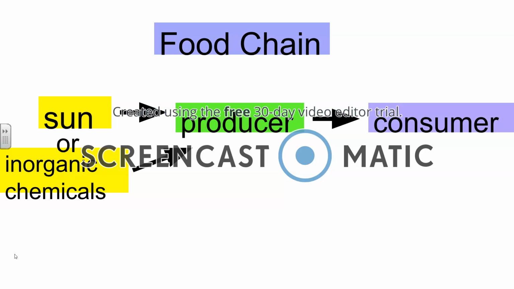In this example, before we get to yours, the arrow points from the sun to the producer because the producer gets its energy from the sun, and then from the producer to the consumer, because the consumer gets its energy from the producer. All right, so notice the arrow always points to the organism getting the energy.